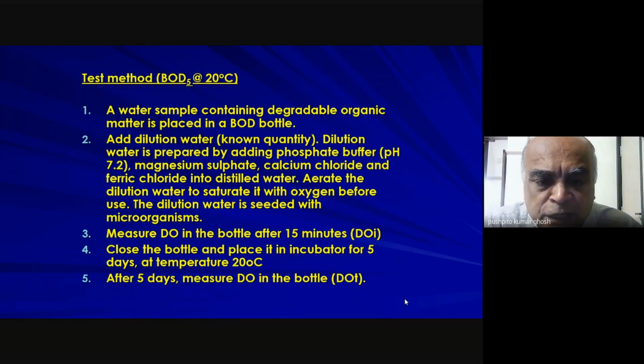One is the concentration of the effluent, the second is its biodegradability, and the third, of course, is a time element. Naturally, it's not an instantaneous process.